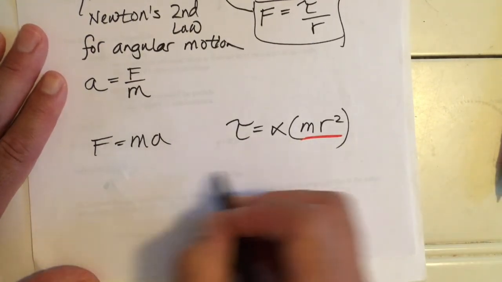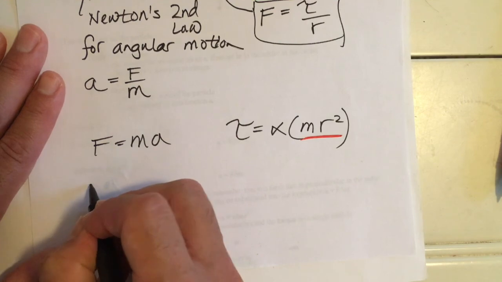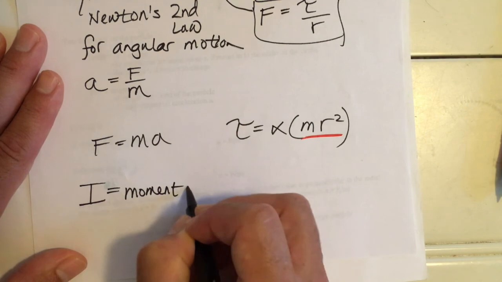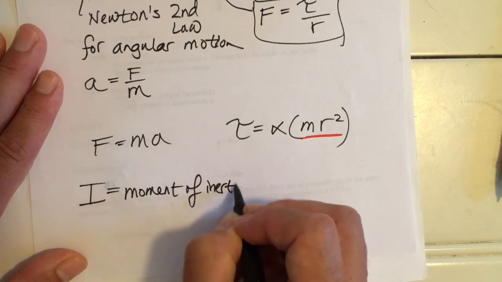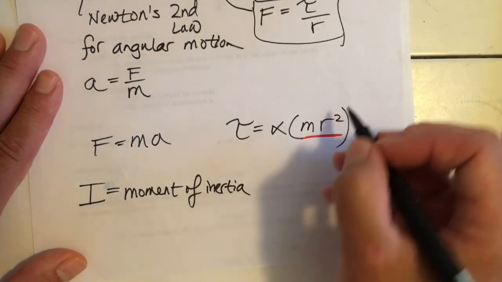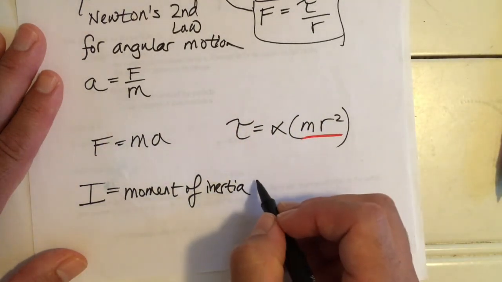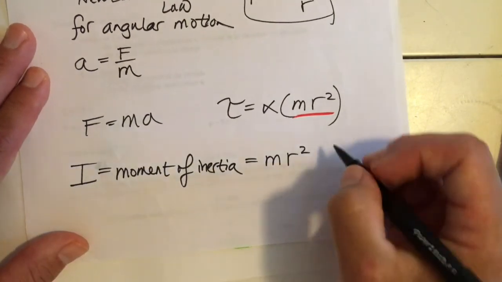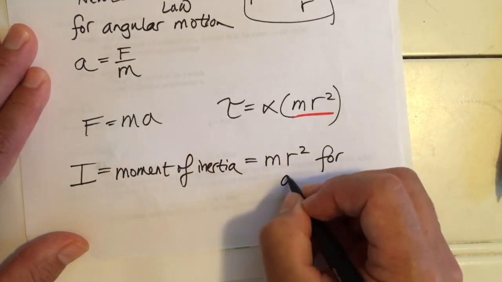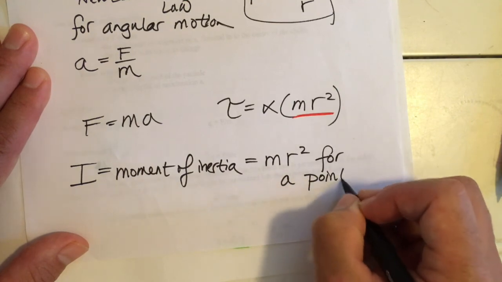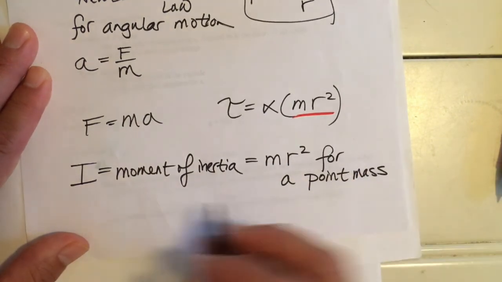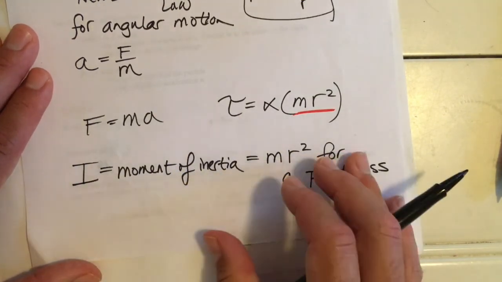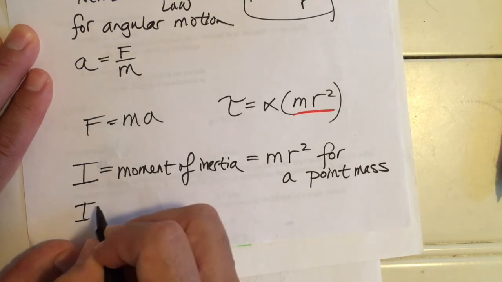And we call it moment of inertia. So I is equal to the moment of inertia, and we're going to call this quantity I. It's equal to mr squared for a point mass. So I is also our angular equivalent for mass.